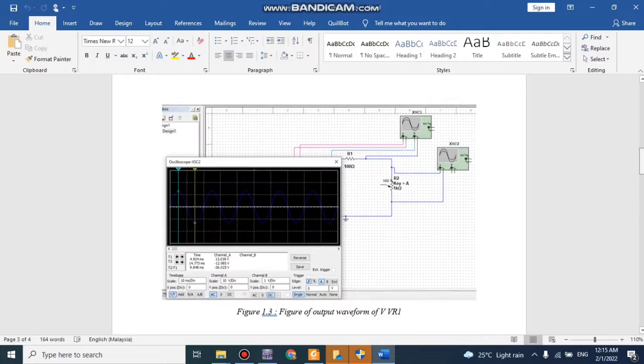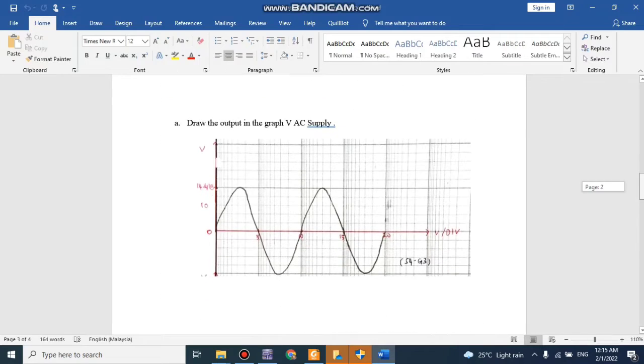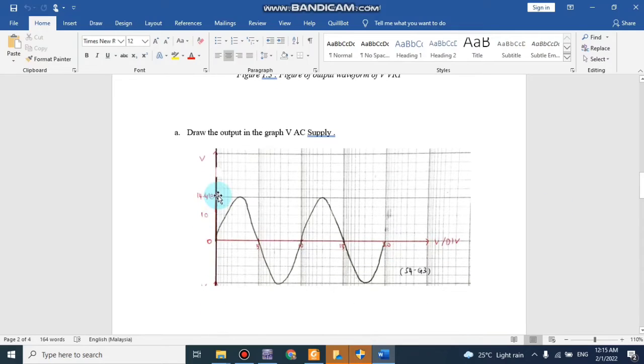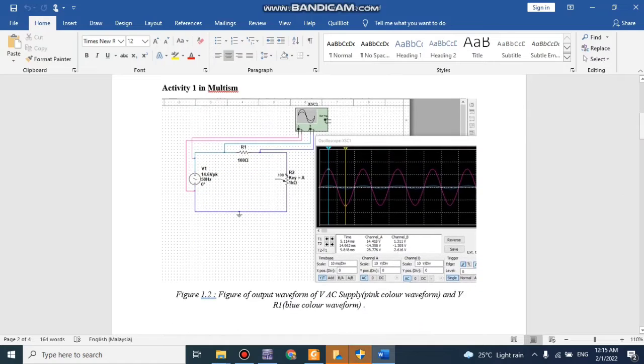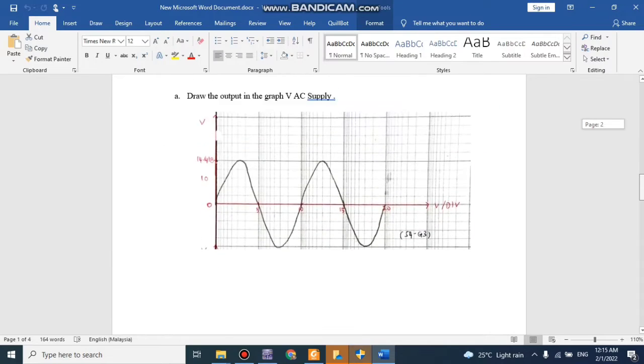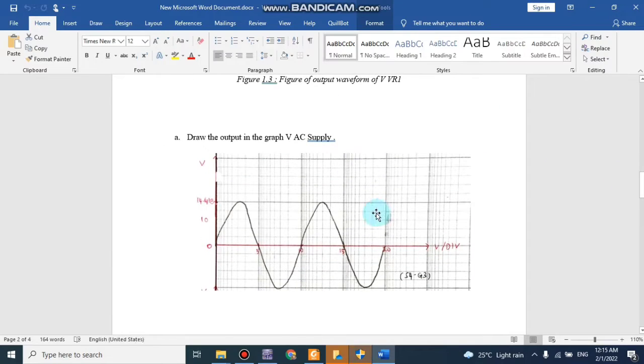Okay. Here, this is the output of the graph of VAC supply. The VAC supply I take here is from the one that I have pasted here. The pink color is not very clear, right? So let me make it look clear. So I have sketched the output of the graph of VAC supply.